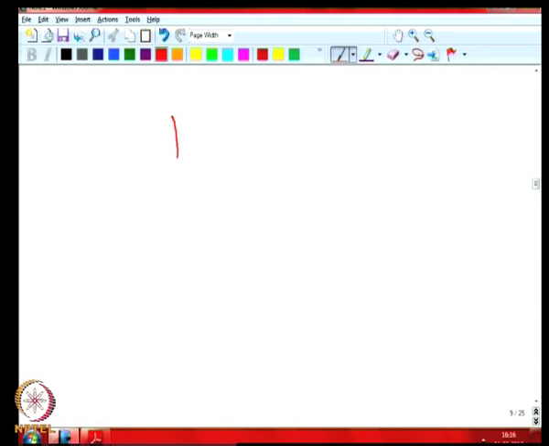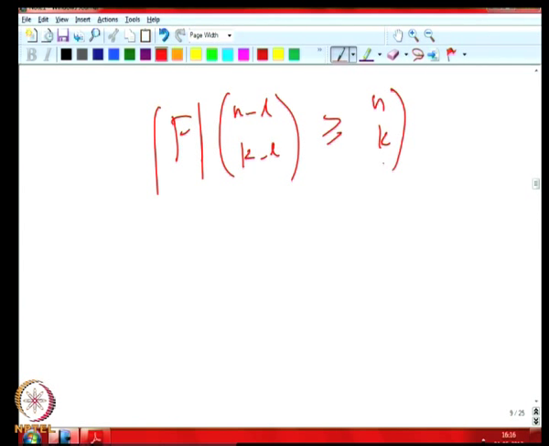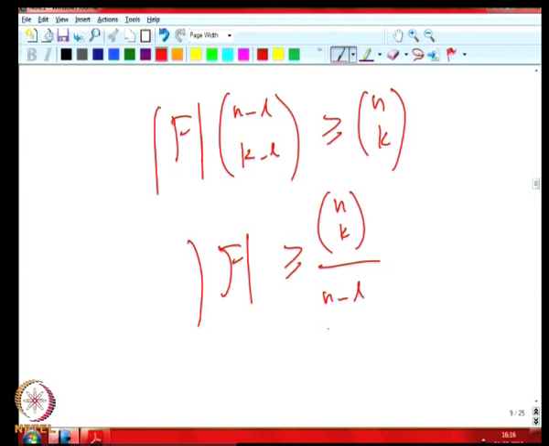So we get cardinality of F into N minus L choose K minus L is greater than or equal to N choose K, right. So now we can do this. Cardinality of F is greater than or equal to N choose K divided by N minus L choose K minus L. This is what it says. But still we are not through.